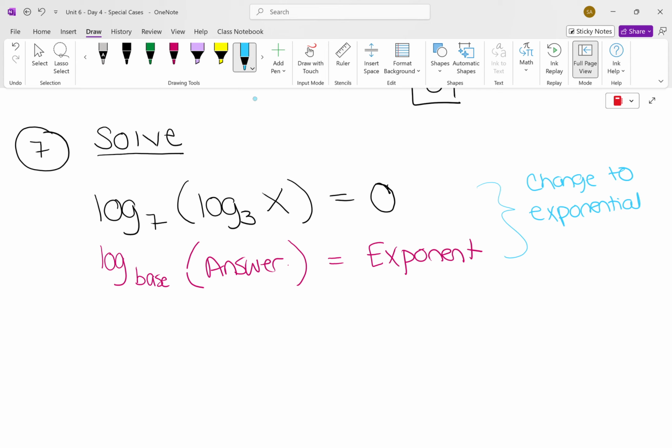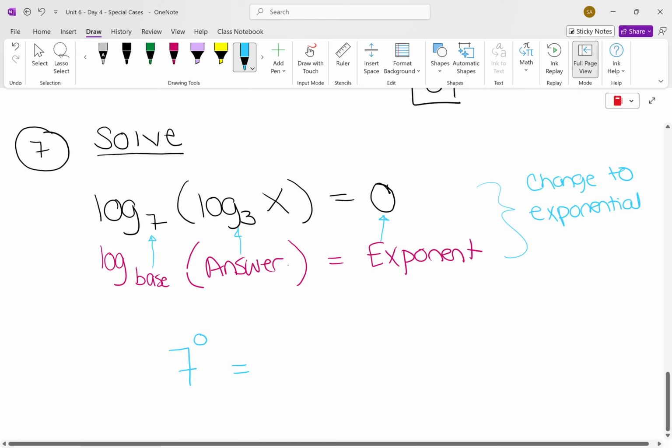Okay, what do I mean by change to exponential? I'm going to take the base of the log, which is 7, and raise it to the exponent. What's the exponent? 0.